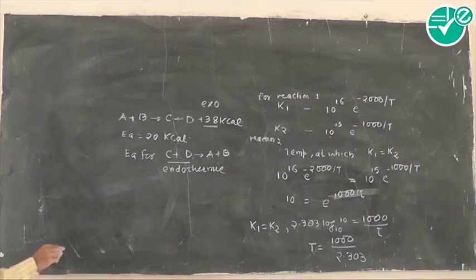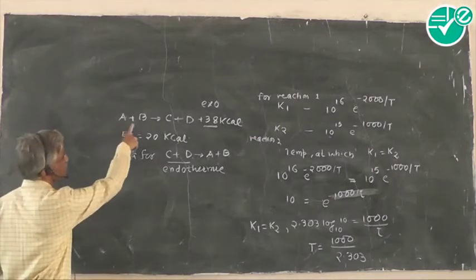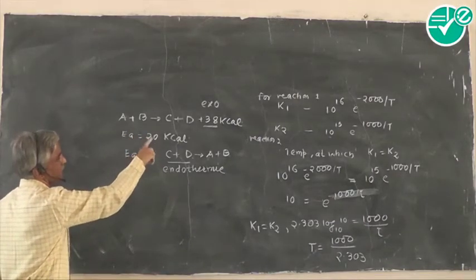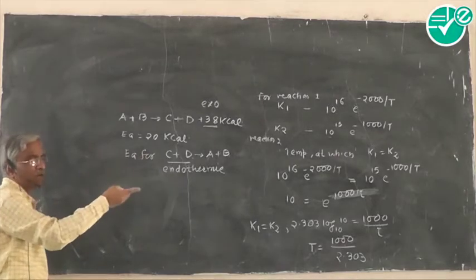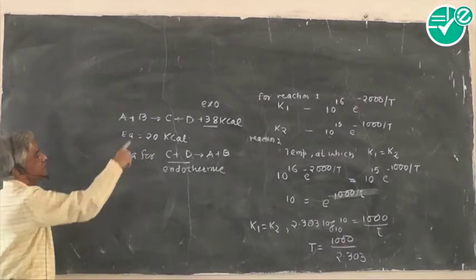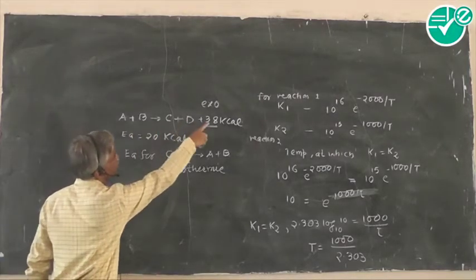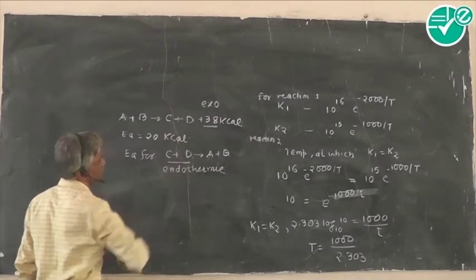That means the activation energy of this reaction is already 20, and therefore we need to supply whatever energy is evolved in the exothermic forward direction.